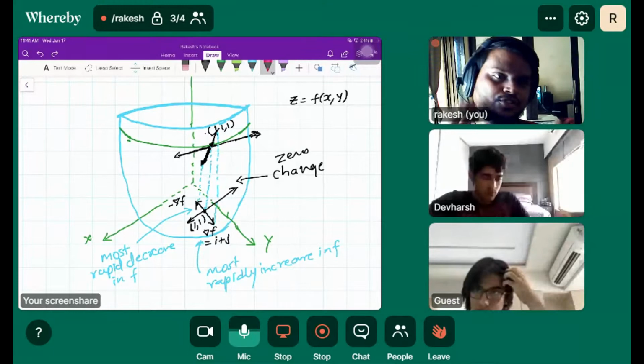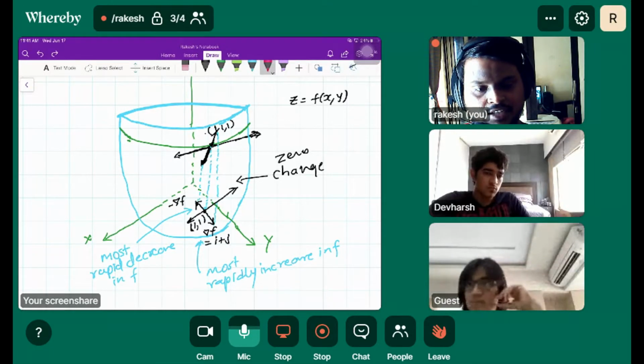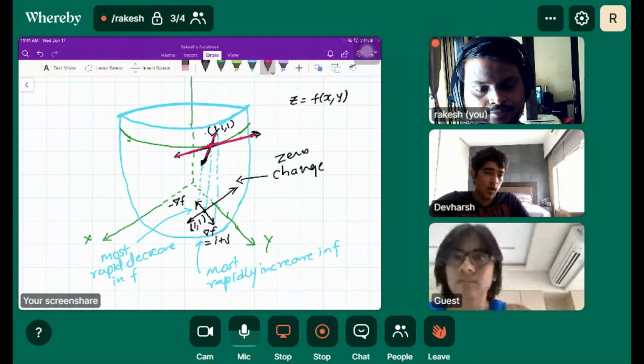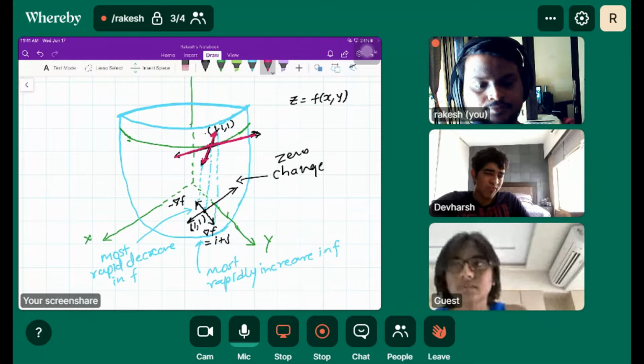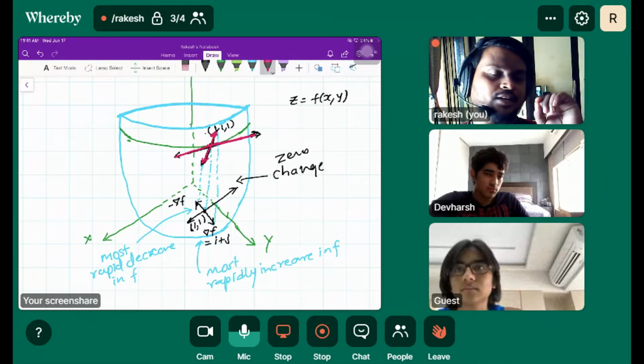Did you understand my question? Or if I simply ask you what these two vectors are? We are figuring out the gradient vector at 1 comma 1 comma 1 on the level curve.